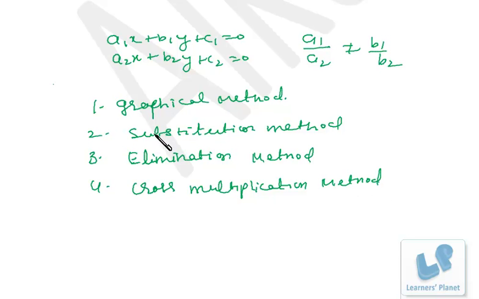So we'll be discussing all the methods one by one. In examination, you are asked a question on graphical solution, that is the solution of the system of equations by graphical method. So you need to understand the graphical method thoroughly, and some questions are based on any of these methods plus a word problem is definitely there in your paper, right? So let's discuss all the methods one by one now.